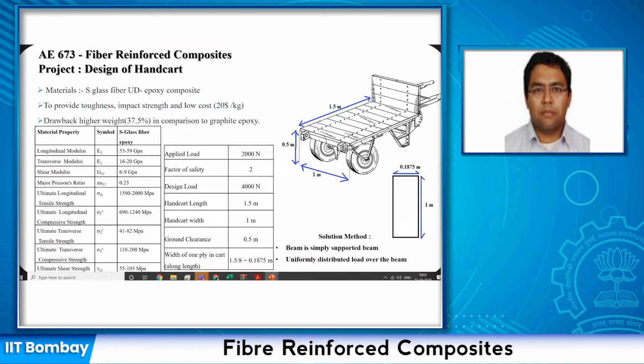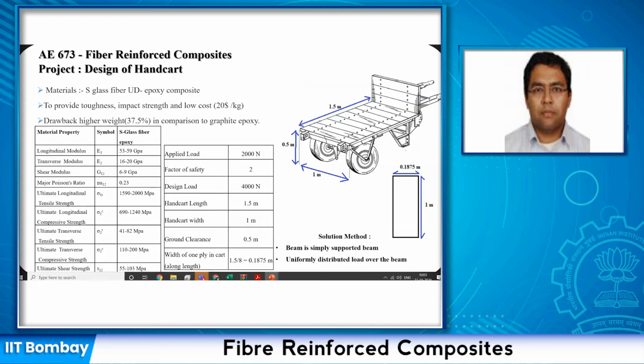CFRP doesn't offer much impact strength, because if you go to the market, you will always see that the weights are put in the form of impact load, not in the form of static load. So that's why I have used the S fiberglass epoxy material.